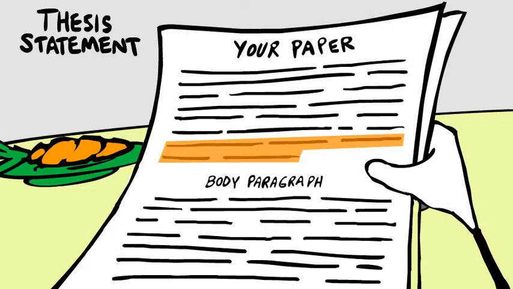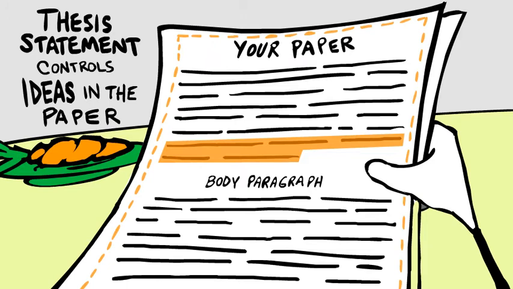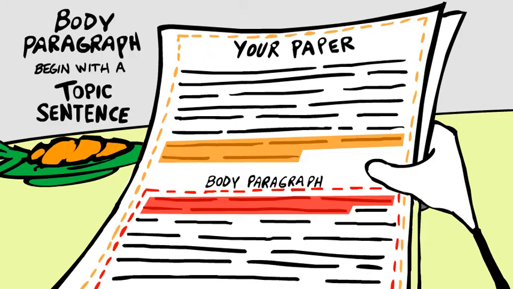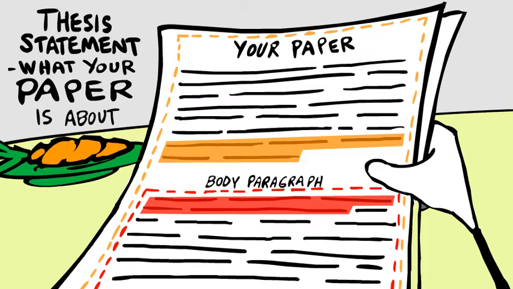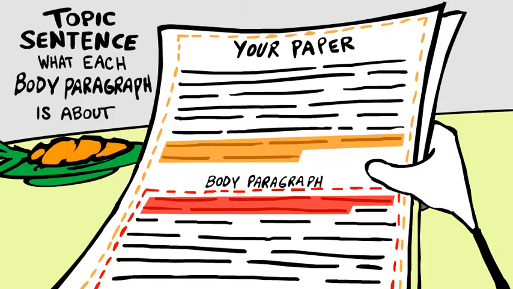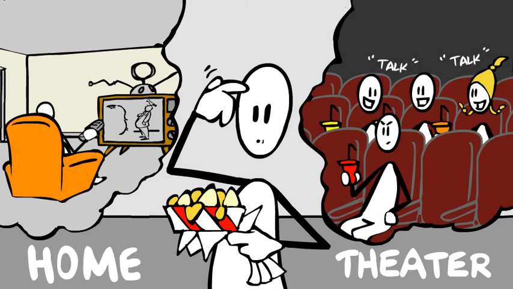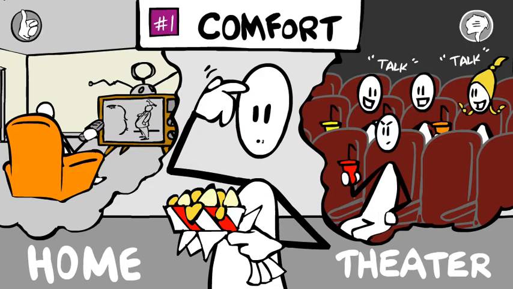Just as the thesis statement controls the ideas in the paper, each body paragraph should begin with a topic sentence that controls the content of the paragraph. A good way to think of it is this: your thesis statement tells your reader what your paper is about, while your topic sentences tell your reader what each paragraph is about. Using the structure of your mapped thesis, you would begin your first body paragraph by talking about the relative comfort of watching a movie at home versus in the theater.